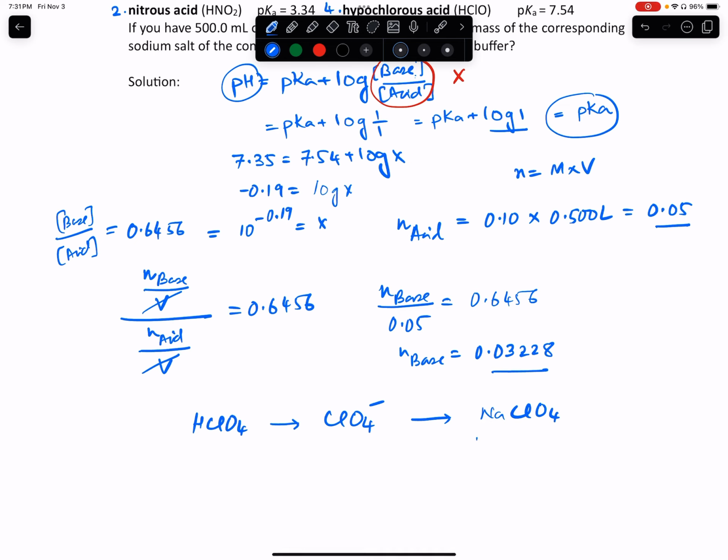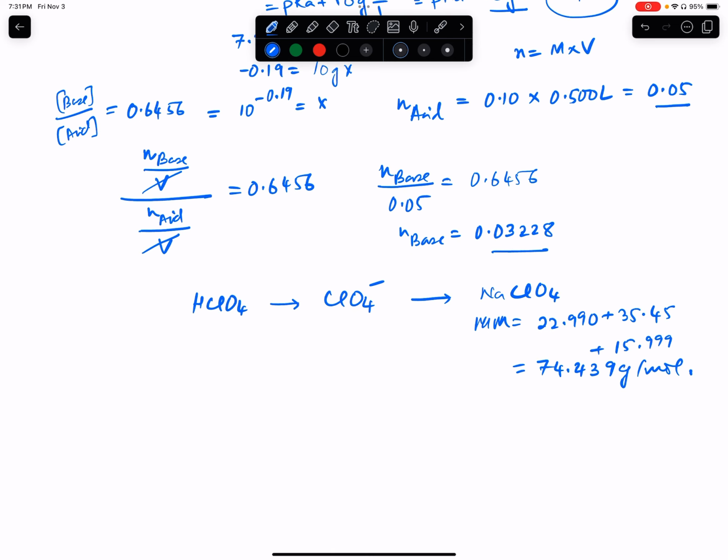The molar mass of this sodium salt is equal to 22.990 plus 35.45, we're just pulling these numbers from the periodic table, plus 15.999. You might want to pause the video and pull these numbers yourself and add them up. That gives us 74.439 grams per mole.